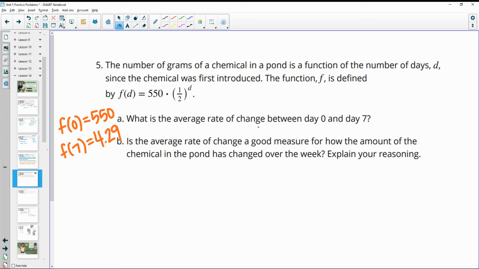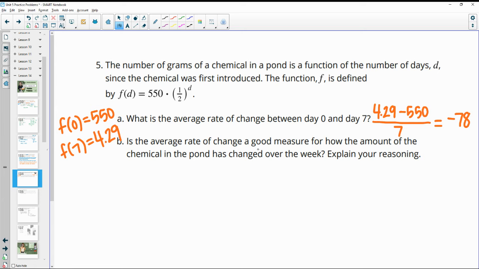So then the average rate of change, we're going to take the day 7 amount minus the day 0 amount, and we'll divide by 7 since that's how many days this represents. And you get about negative 78. So this is saying that the average rate of change is it's dropping by 78 grams per day.